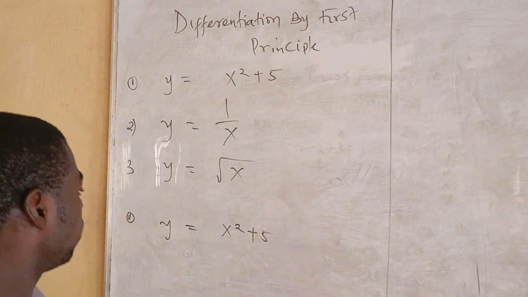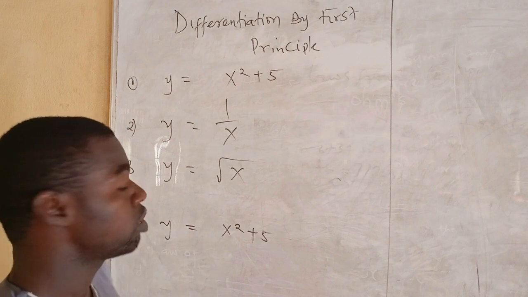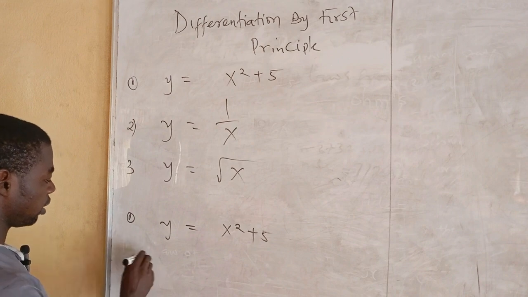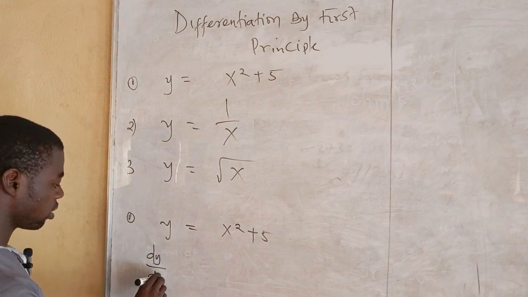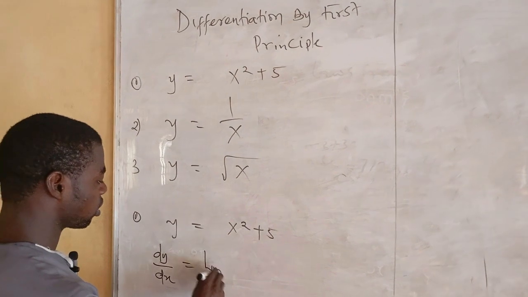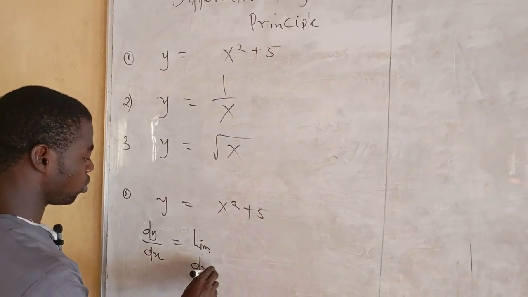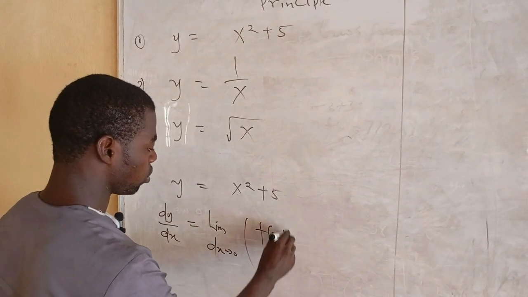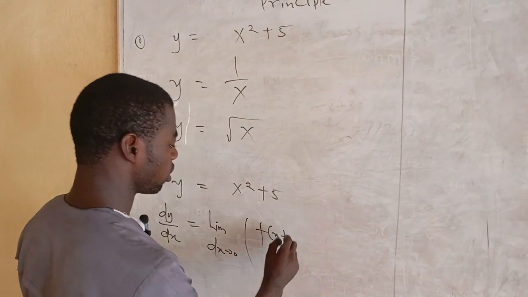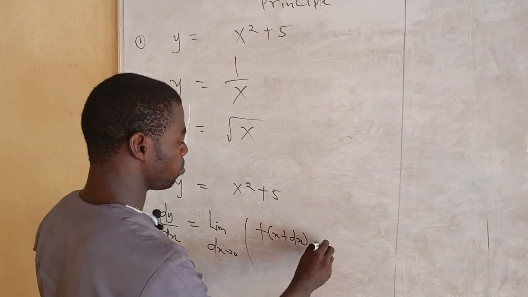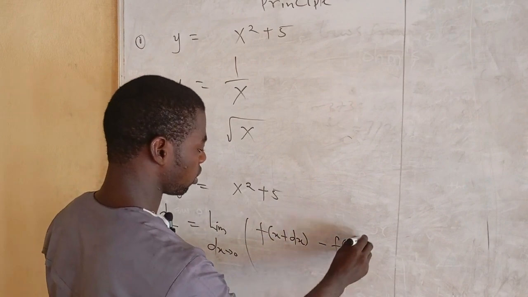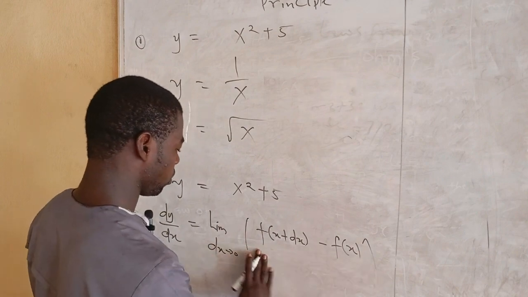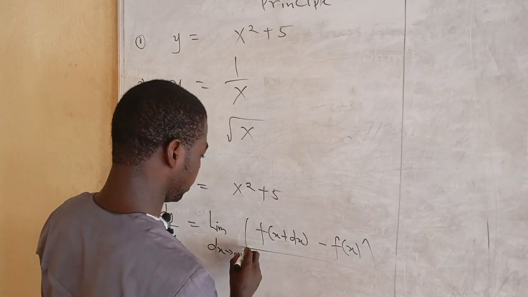For y equal to x squared plus 5, the formula says that dy divided by dx is equal to the limit as dx approaches 0 of f of x plus dx minus f of x, divided by dx.